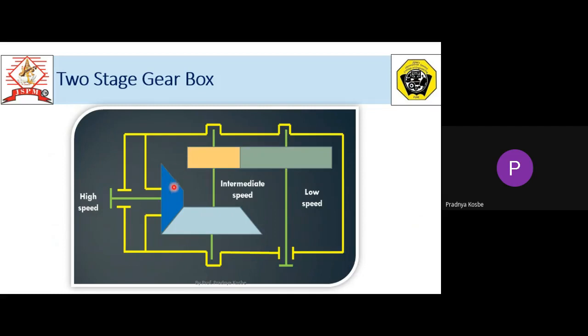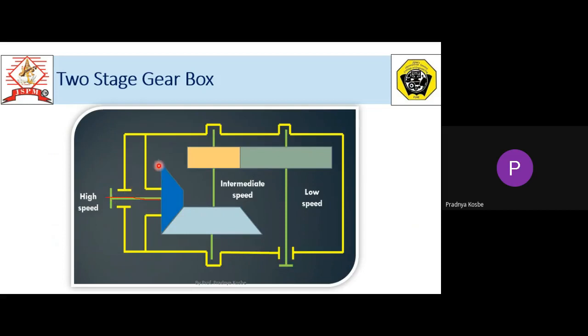Now you can see over here the high speed shaft, where the input is, then the intermediate shaft. This is the input shaft, this is the intermediate shaft, and this is the output shaft where speed reduction is required.